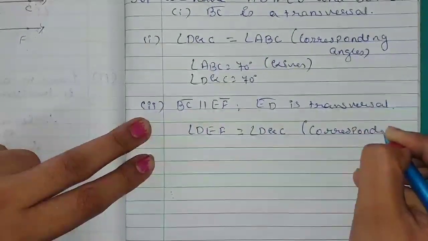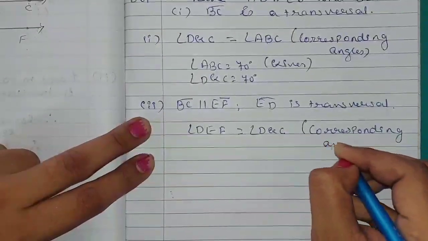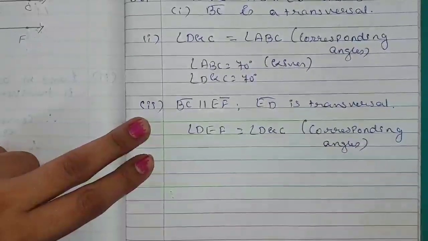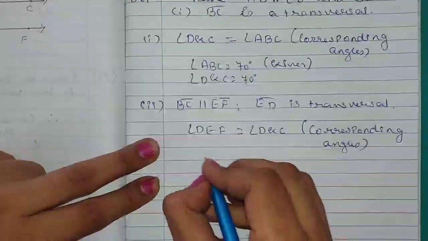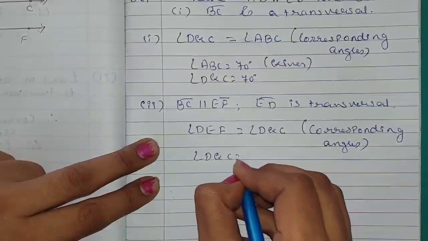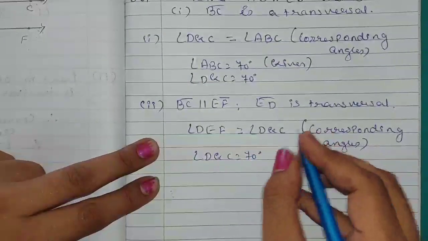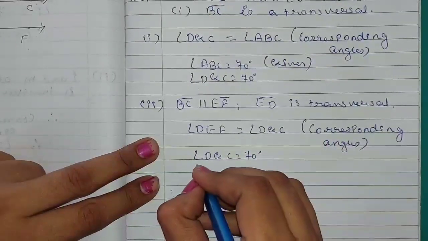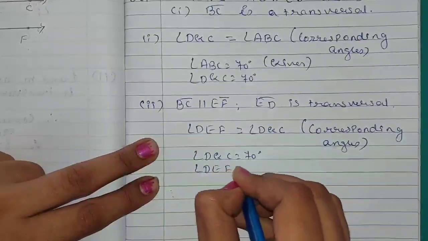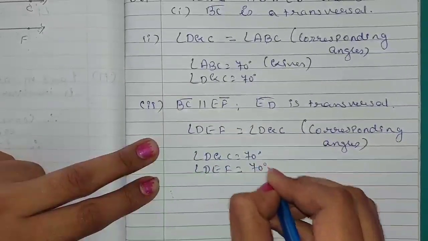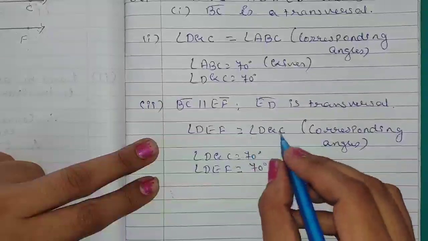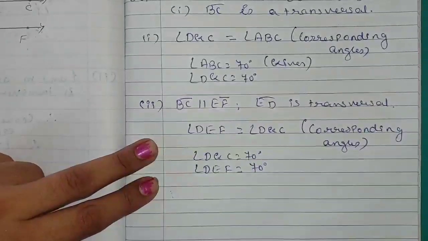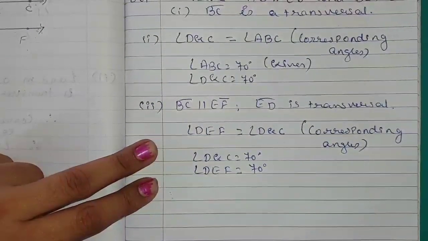They are equal because of corresponding angles. Now we already know that angle DGC equals 70 degrees. This we have found. So therefore angle DEF equals 70 degrees because they are equal here. So because of the corresponding angles property we have found this answer.